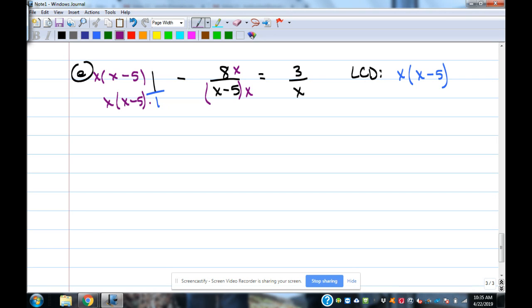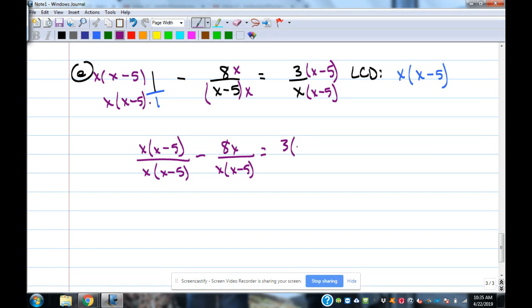The third fraction needs x minus 5, top and bottom. Now I'm just going to fix the fraction. So I have x minus 5 over that common denominator minus 8x over x minus 5 is equal to 3 parentheses x minus 5 over x minus 5.